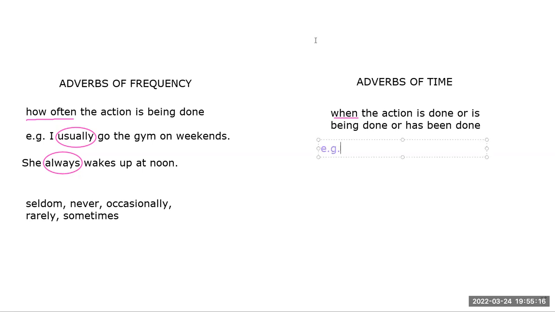For example, let me go to black. So we'll go to the mall tomorrow, right? So we can answer the question when. We know that go is our verb. Actually, will go. Will is a helping verb, right? So we will go, that's our verb.